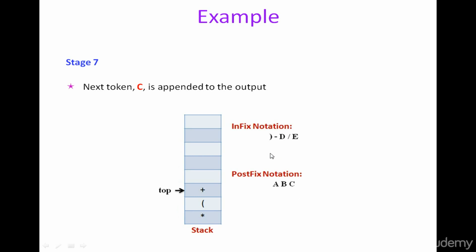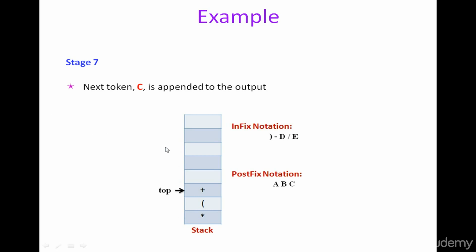Now we have a postfix expression, and we have a closing bracket as the next token. So according to the steps we read just now, we will pop all the operators from the stack till we find the opening bracket, right?